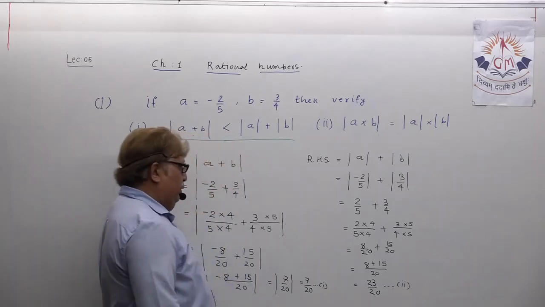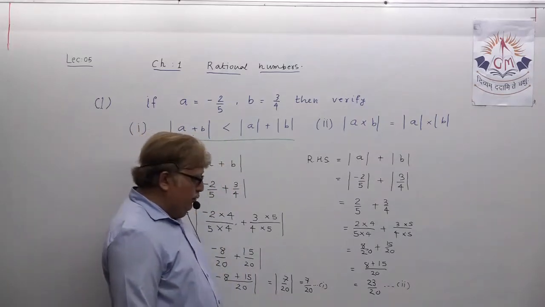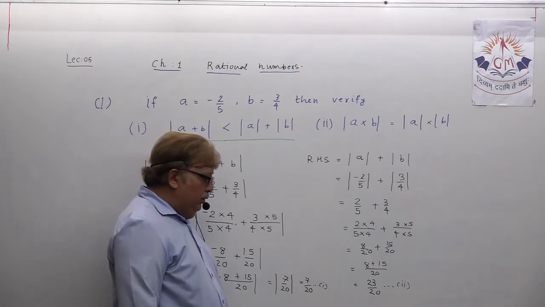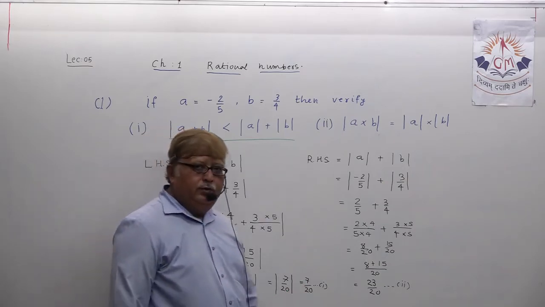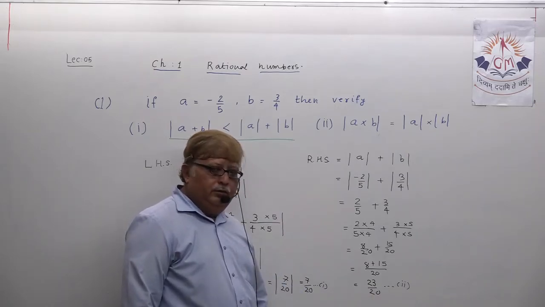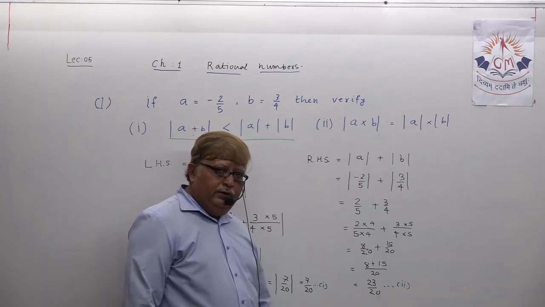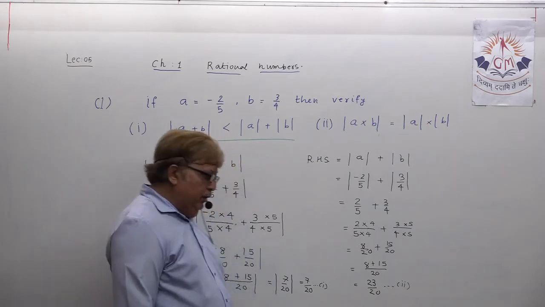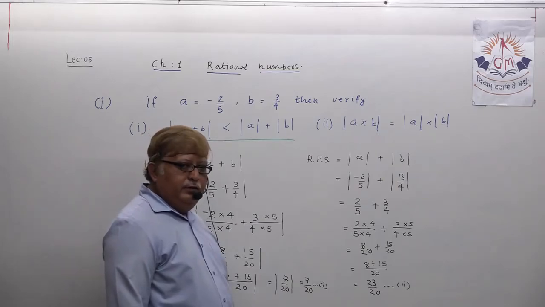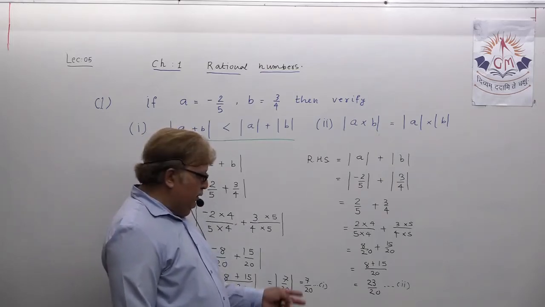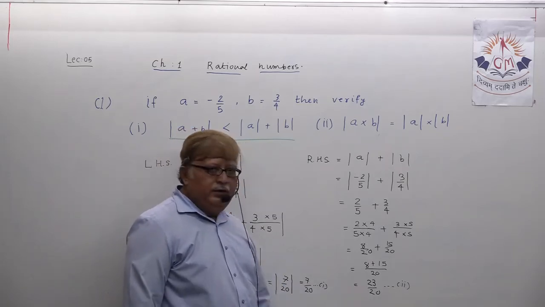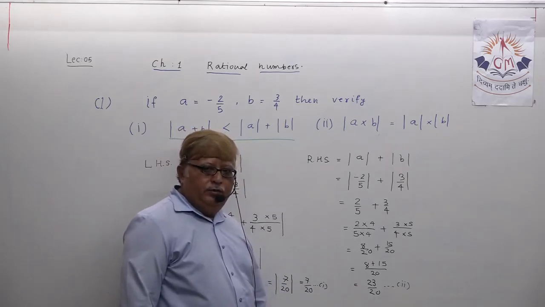Just compare results 1 and 2. In result 1, you got 7 upon 20. In result 2, we got 23 upon 20. So if somebody asks you to compare both results, you can understand that 7 upon 20 is obviously less than 23 upon 20.